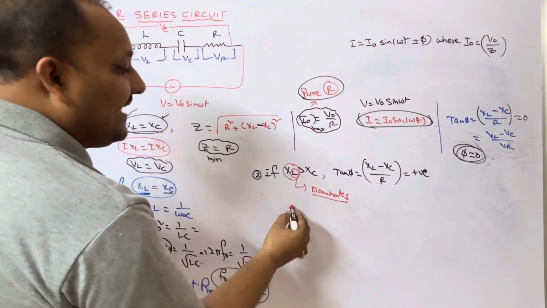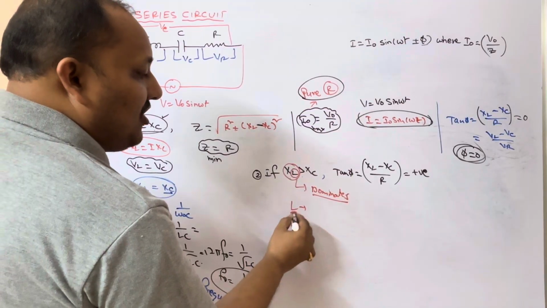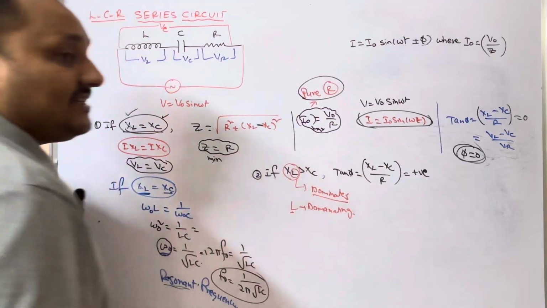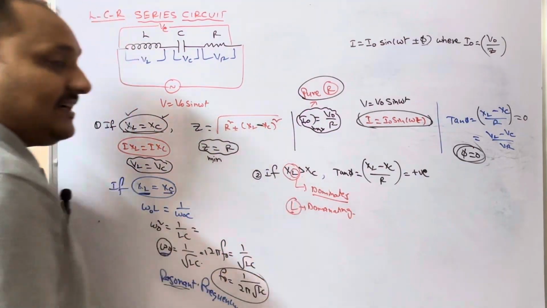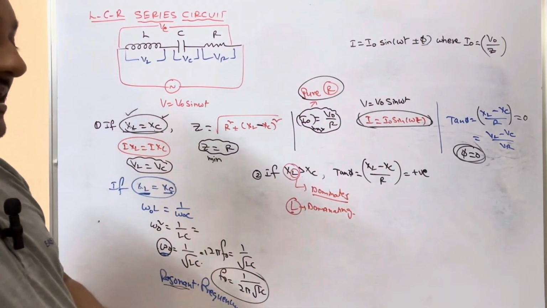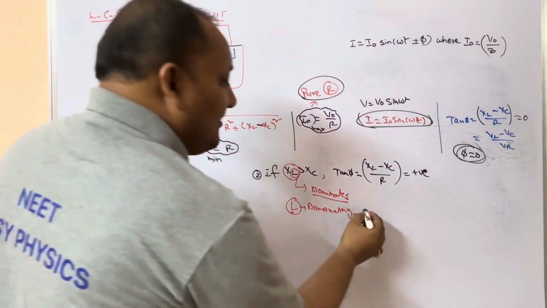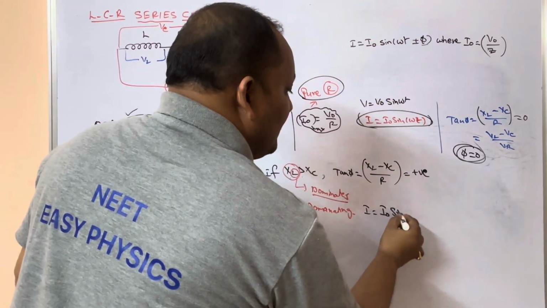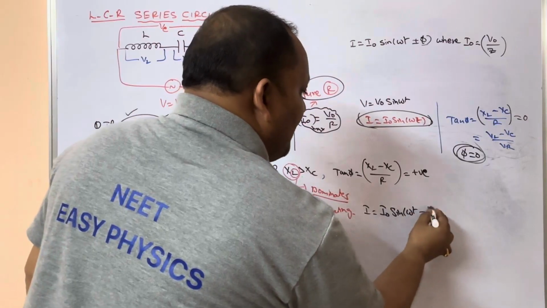This circuit acts as an L dominating circuit. In case of an inductor, does current lead or lag? Current is going to be lagging. Therefore, we write the current formula as I naught sin omega t minus phi.